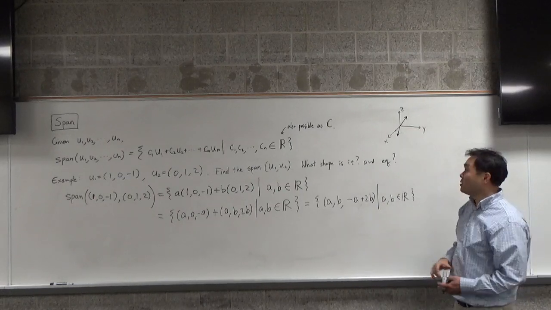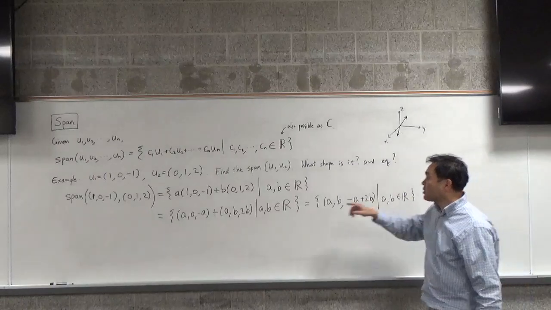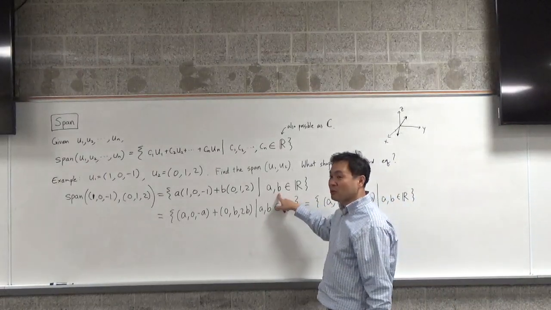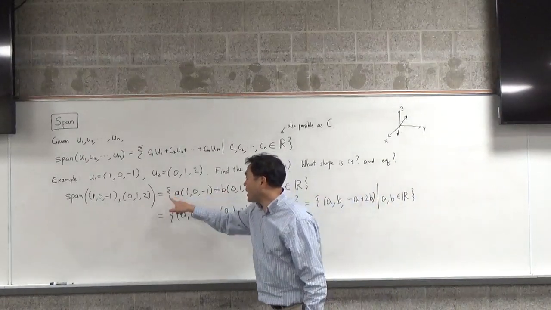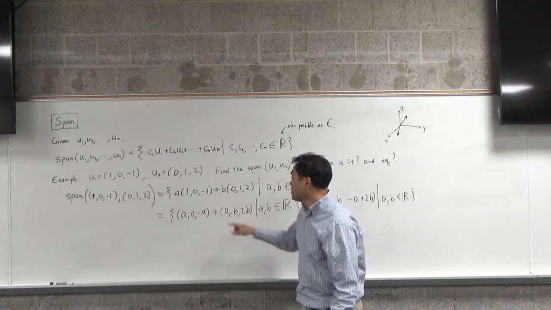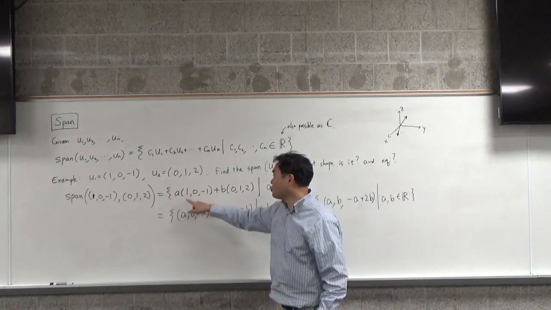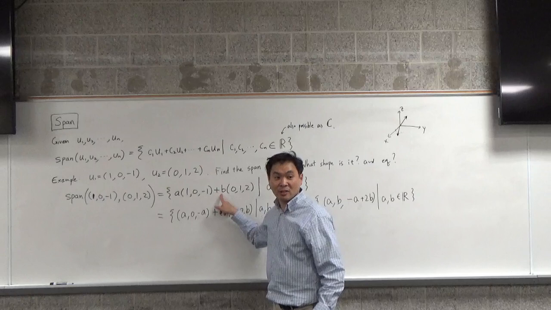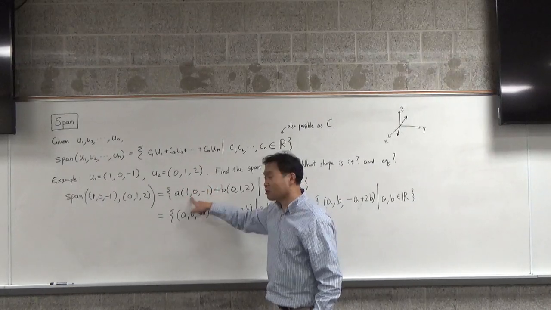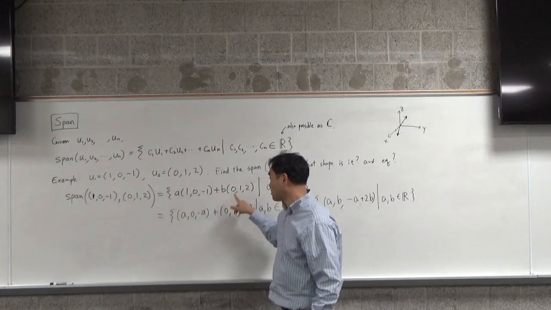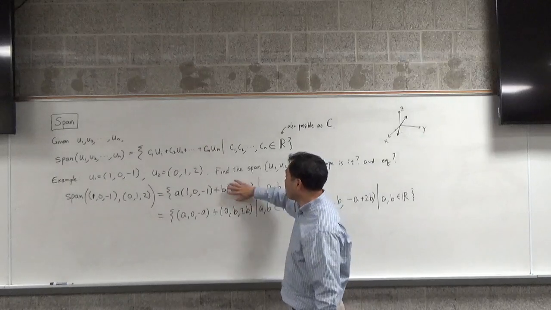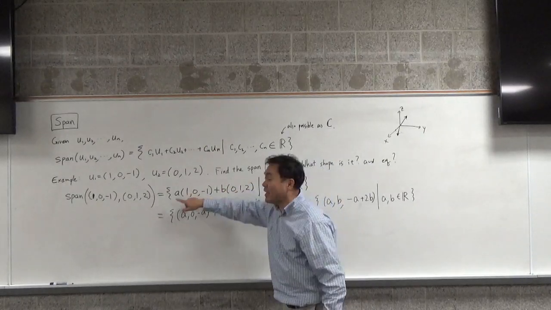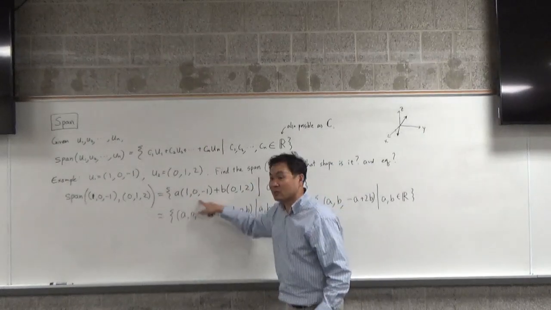Now, because a and b could be arbitrary numbers, this span contains these two vectors themselves, because you can choose (1, 0) and (0, 1). If you choose (1, 0), you get the first vector. If you choose (0, 1), you get the second vector. Or you can take b as 0, and a can be an arbitrary multiple of this vector.